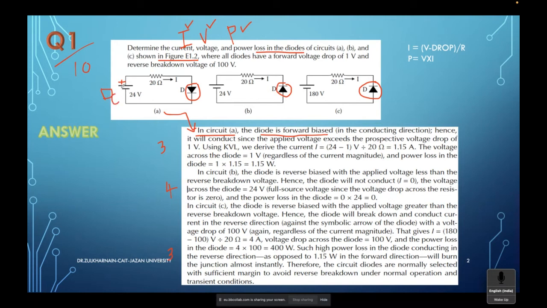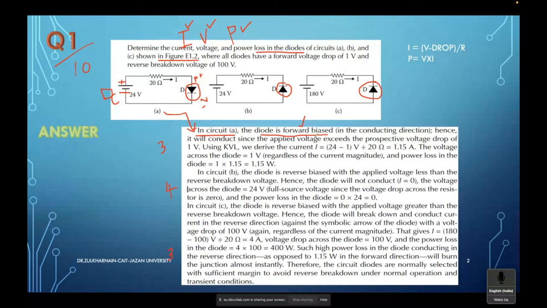This is plus, this is minus. Whenever you connect the plus of the battery or DC power supply to P, as you have seen in your experiments, P and N, P positive, N negative, whenever you connect power supply plus to plus and minus to minus, this is called forward bias.